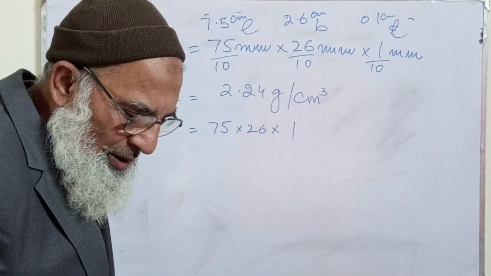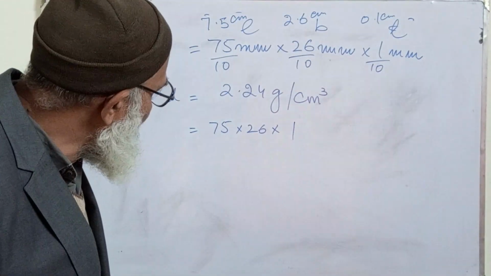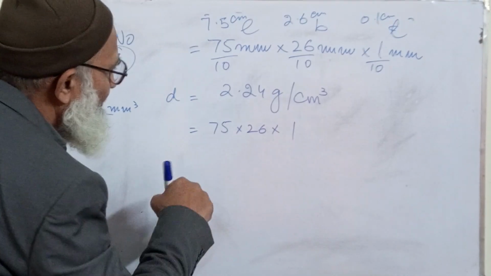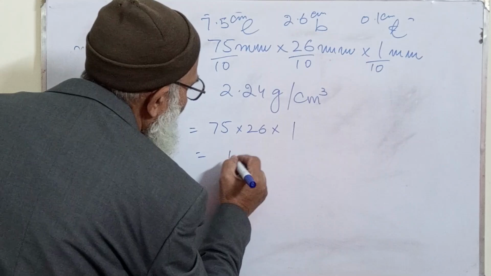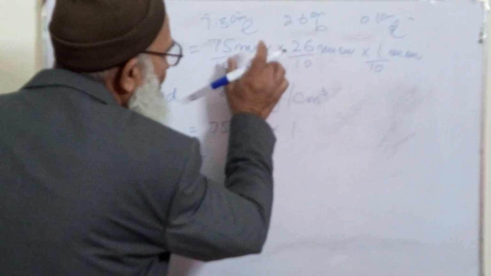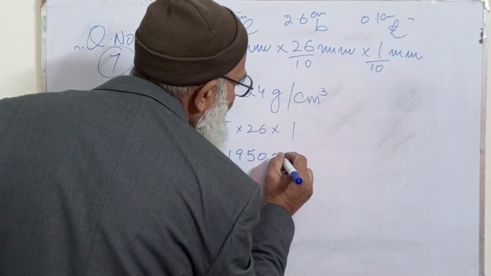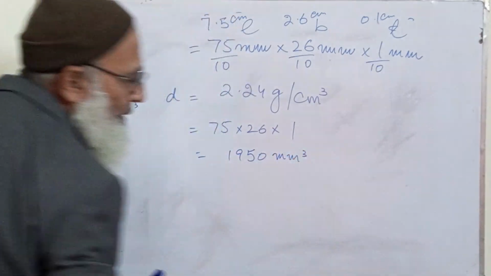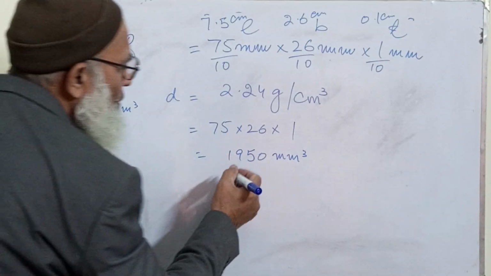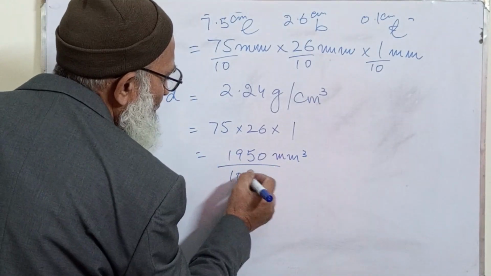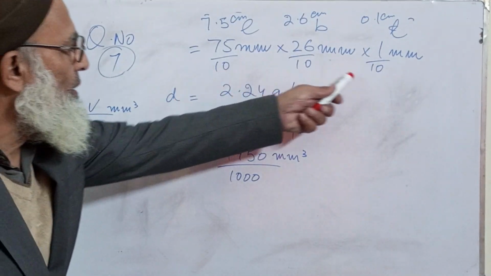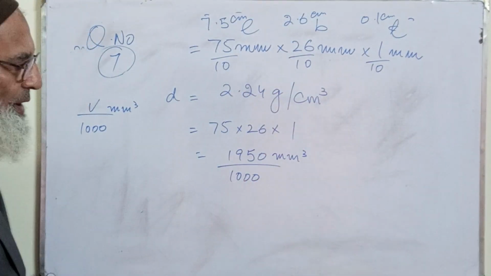It will become 75 multiplied by 26, it will become 1950. Okay. Now this is millimeter cube, so we have to change it into centimeter cube. For each there are 10, so for 3 there will be 1000.